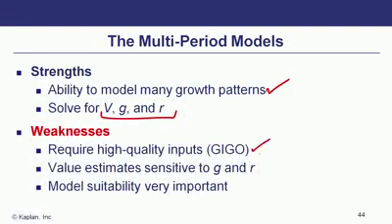Weaknesses, again, garbage in, garbage out, just like any of these models, sensitive to G and R. You make terrible assumptions about G and R, it will be a terrible valuation. Change G or R very slightly, particularly the long-term low growth, and again, it has a huge impact on your value. Model suitability, very important. Is this pattern, high growth, decay, low growth, consistent with this business?